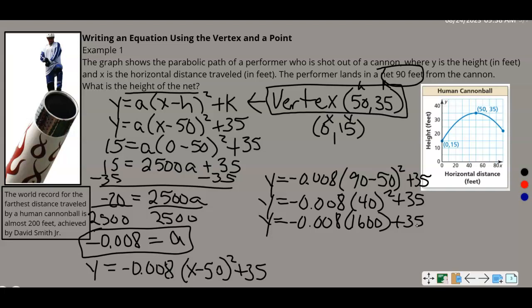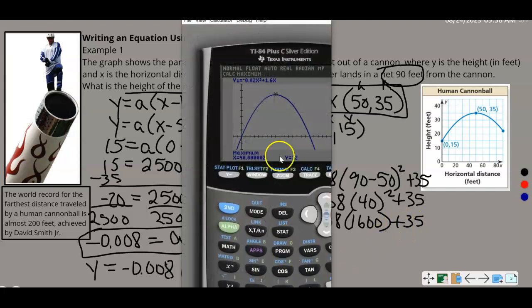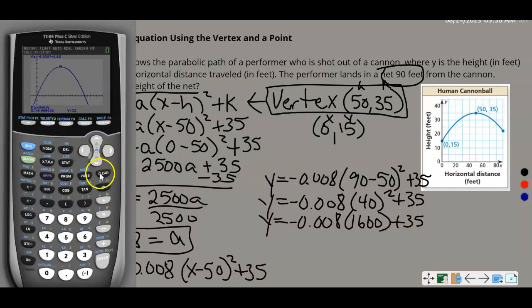So negative 0.008 times 1600, and then plus 35, gives 22.2.